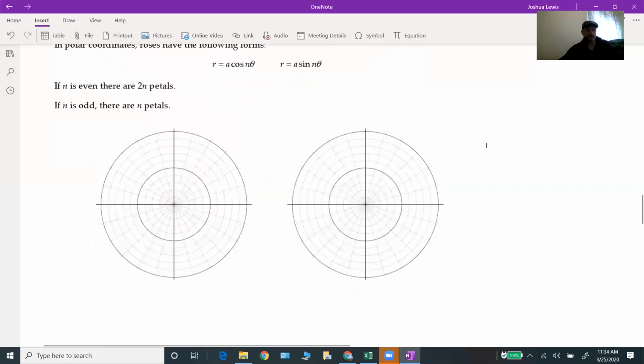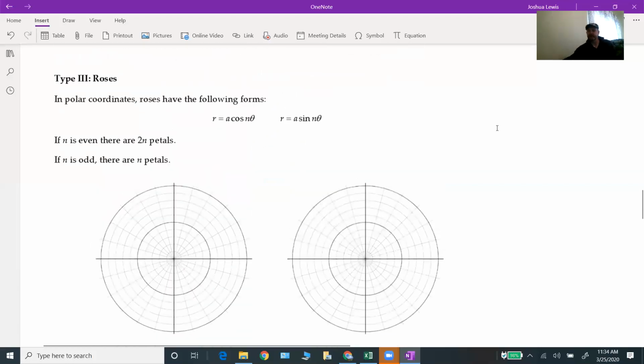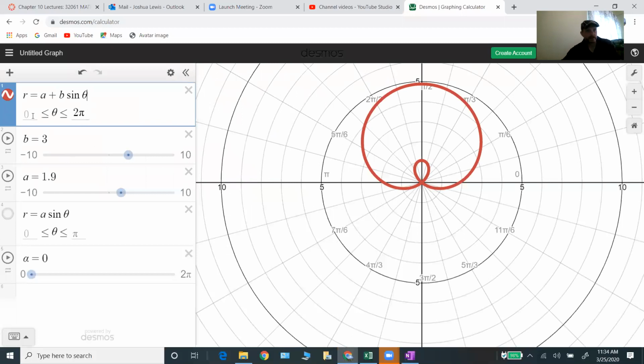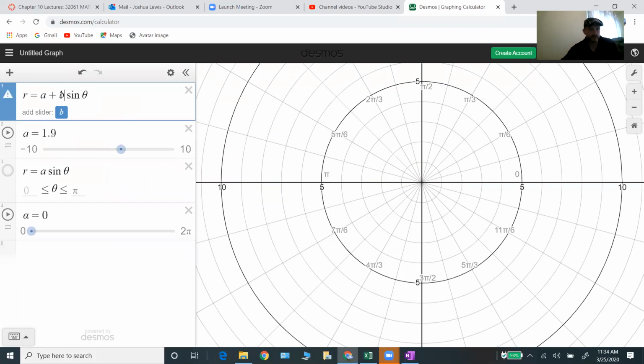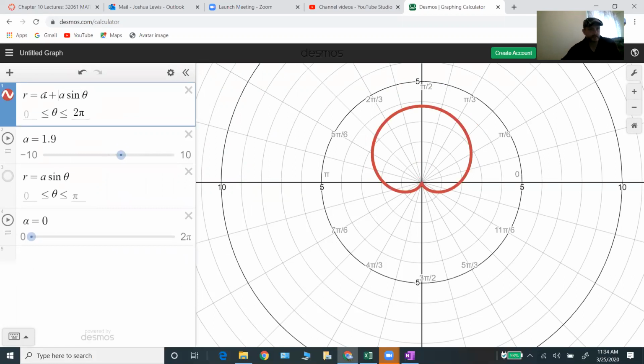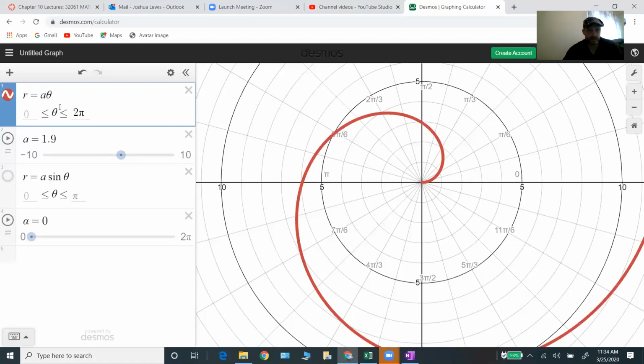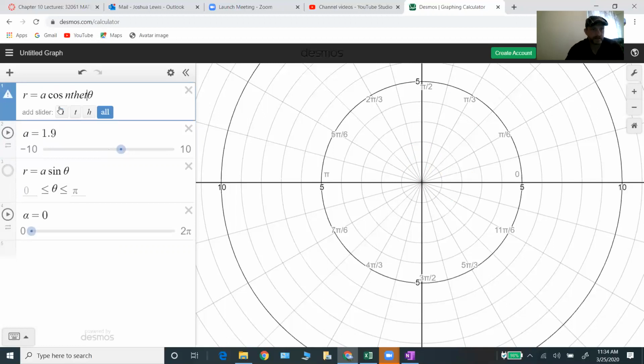All right, roses. These are nice. These flower-shaped deals. So let's go back to Desmos here. And I am going to leave my slider A. And we have a cosine n theta.